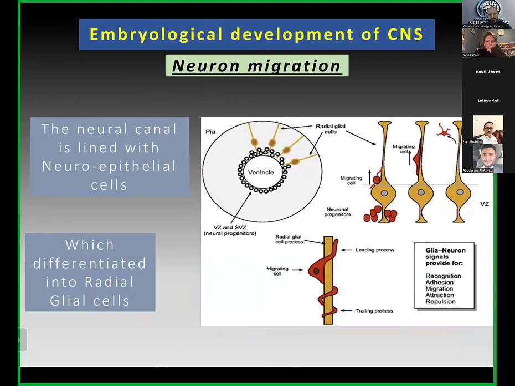So the cells with the yellow color extend from the wall of the ventricle to the outer membrane, or the basement membrane of the neural tube, with their processes projected from the wall of the canal to the basement membrane.